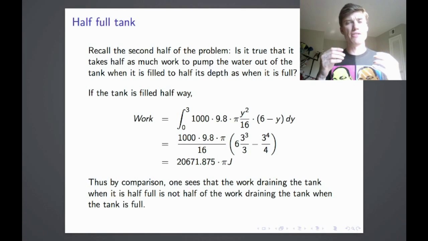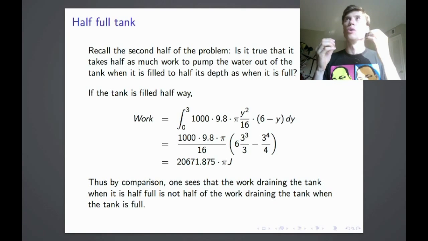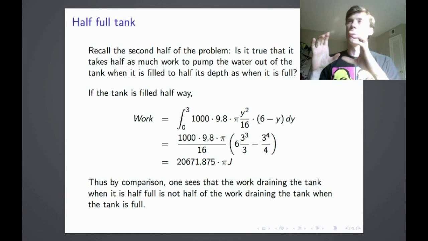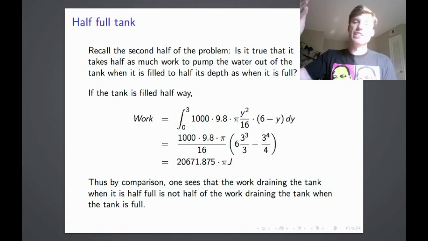And you can kind of think about this in your head a bit. Well, these components near the bottom, they're traveling a much further distance. So the work associated with a particle near the bottom will be greater.